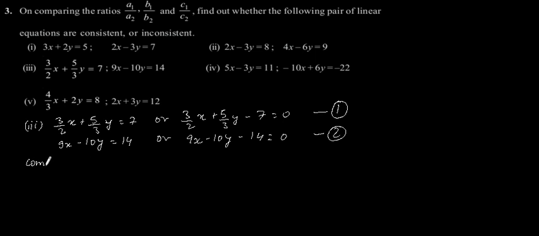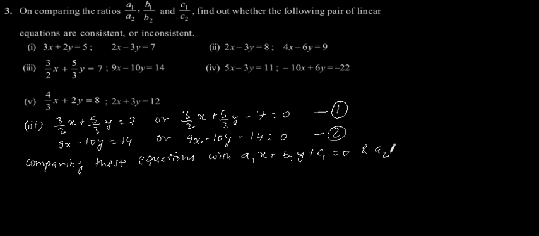Again, comparing these equations with a1x plus b1y plus c1 is equal to 0 and a2x plus b2y plus c2 is equal to 0.